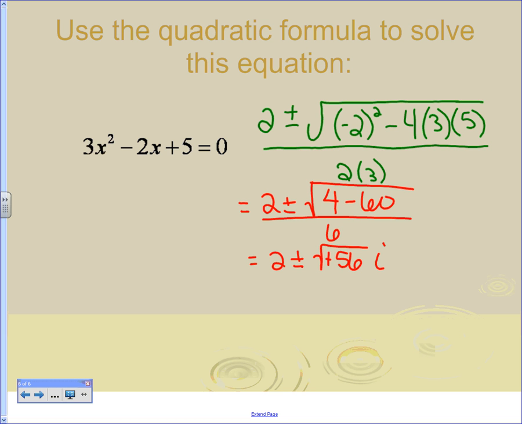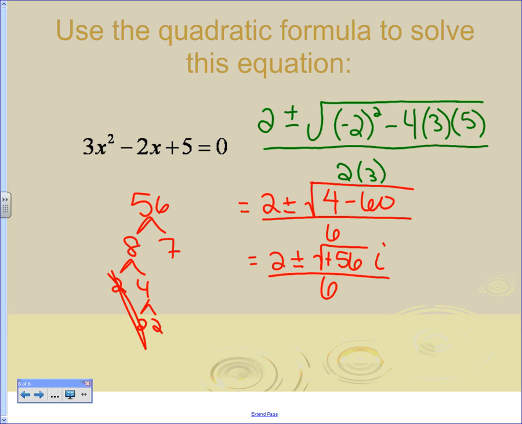Yeah, you can make it 56i. Will 56 factor? Okay. Anything come out?